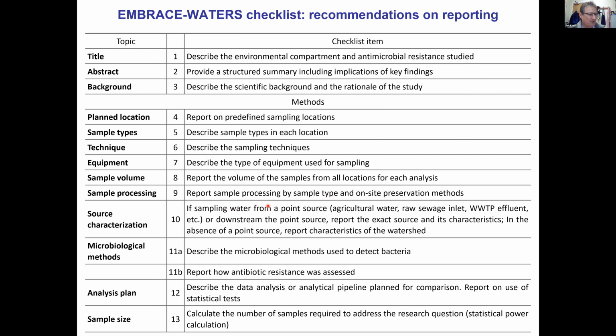So if there's a point source, such as a wastewater treatment plant effluent, or another inlet with some material, or from a farm, you need to describe the point source as much as you can and the characteristics of the point source. And if you don't have a point source, you should describe the characteristics of the watershed from which the runoff enters the river, for example.